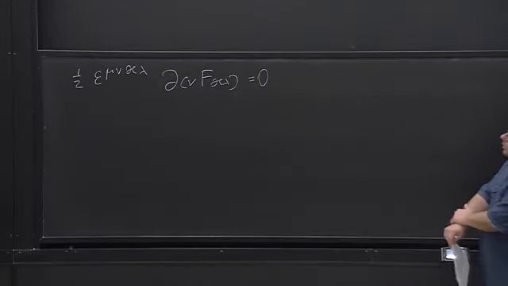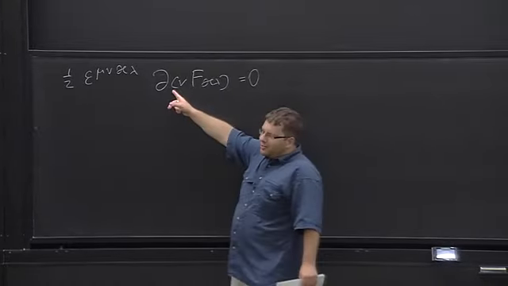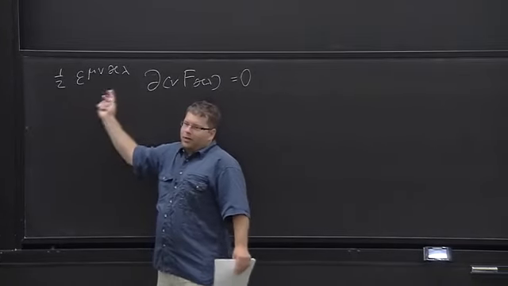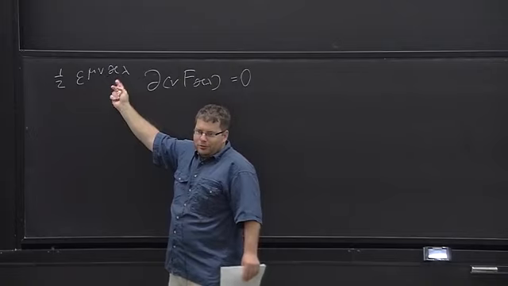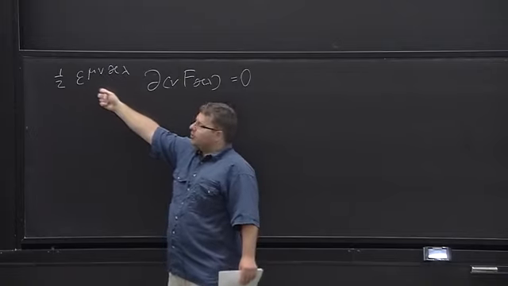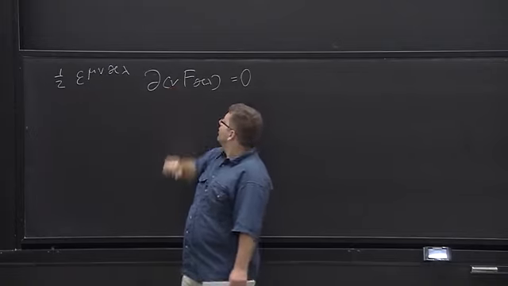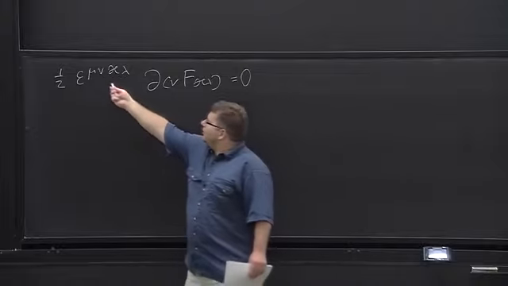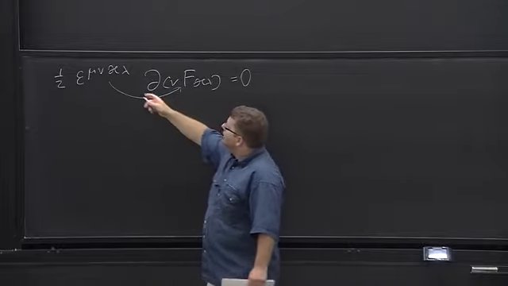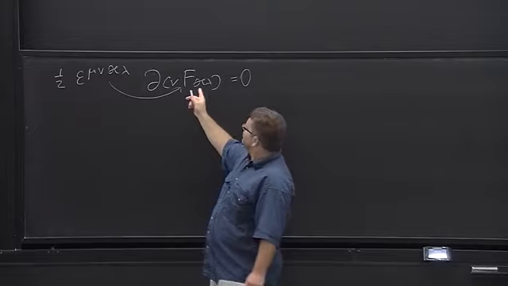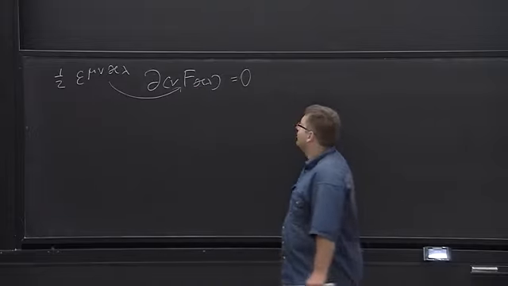And I have this derivative here, but this object is just plus minus 1 or 0, so it's just a constant. So I can actually pull this object through the derivative, right? And if you pull that object through the derivative, then this will be precisely the definition of your Hodge dual of f mu nu.